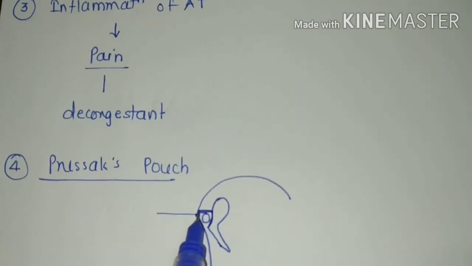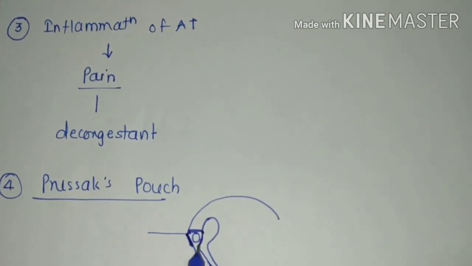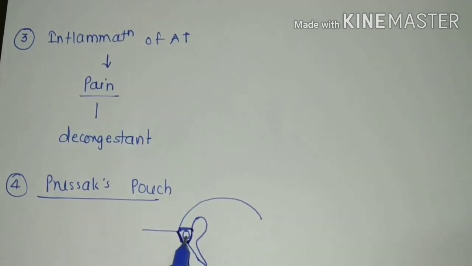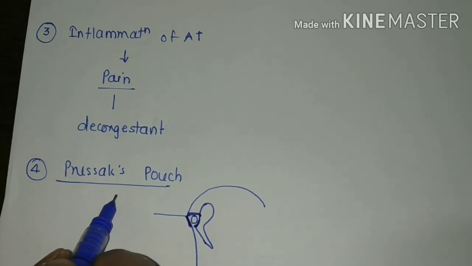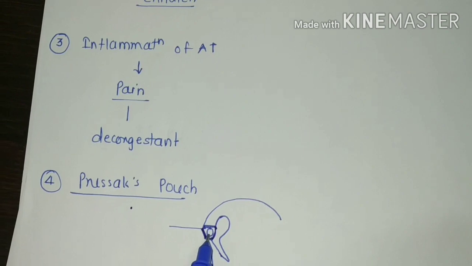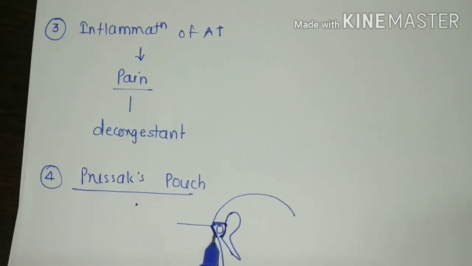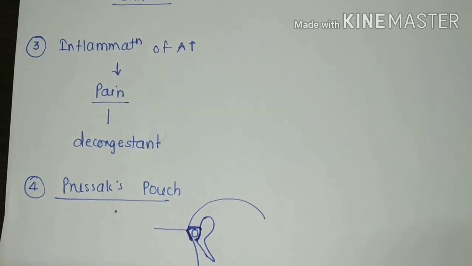This ligament goes from the tympanic notch to the head or neck of the malleus, and inferiorly it is bounded by the lateral process. Now, what is the importance of this pouch? It does not drain easily, and if there is inflammatory exudate in the pouch, it will lead to perforation of the pars flaccida. Clear? So this is Prussak's pouch.